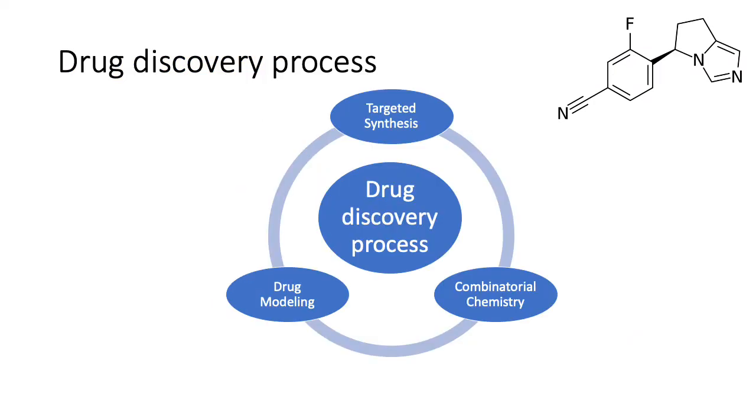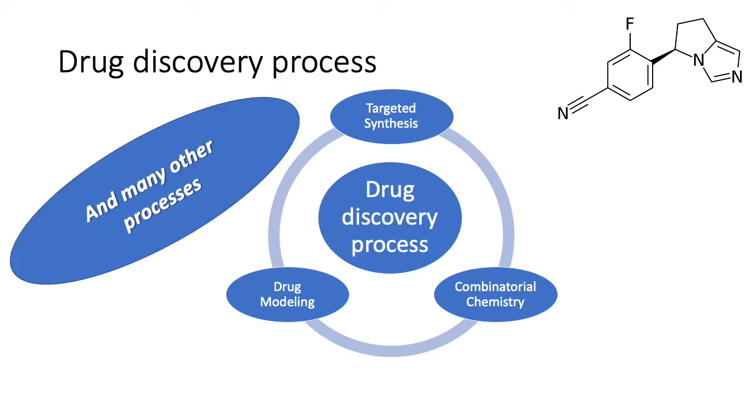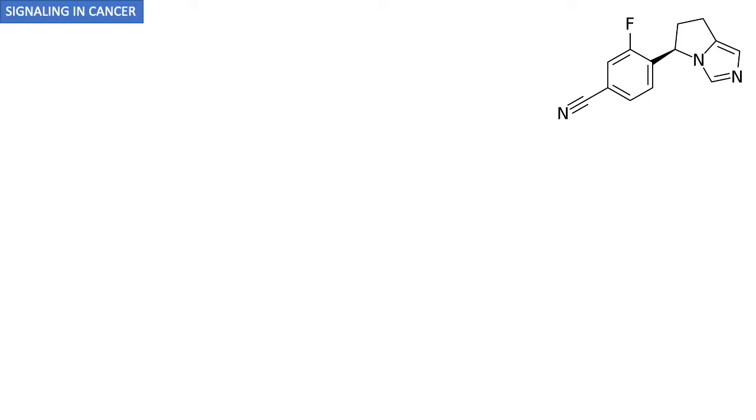Now, the drug discovery process, in general, as we have said, you could have either a targeted synthesis, or you could use combinatorial chemistry, or you could use drug modeling for the synthesis of the drug, or you could use a combination of the three, and we have many others.